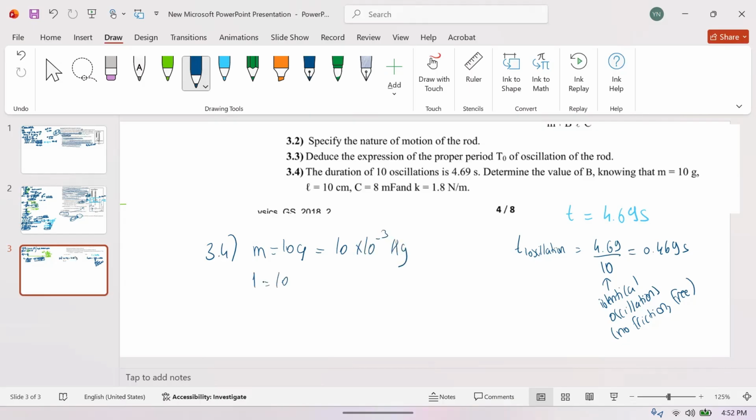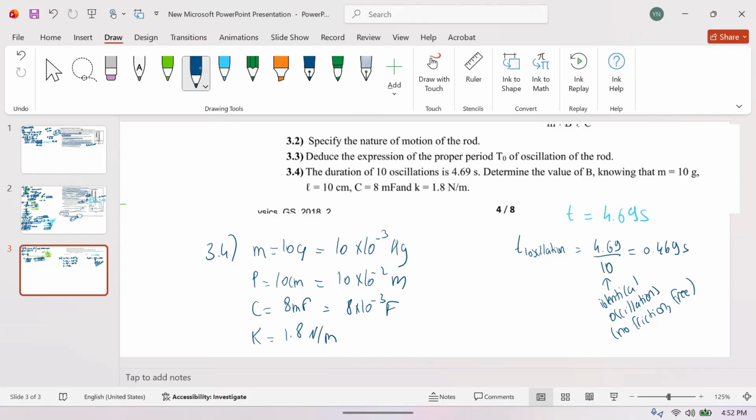L is 10 centimeters. We divide by 100. And a lot of people confuse that. The centimeter to meter, we divide by 100, not 1,000. And C equals 8 millifarad, we go to 8 times 10 to the power minus 3 farad. And K, it's in SI already, 1.8 Newton per meter.